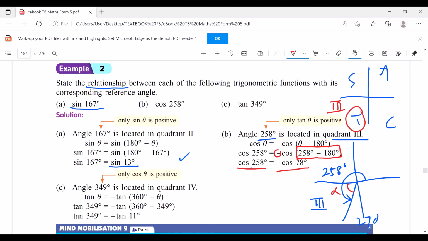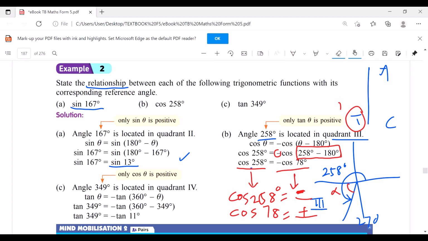Okay, so you can check this in the calculator. Do you have the same answer? Cos 258 and cos 78. What answer do you get? This one you will get a negative answer, but here you will have positive.